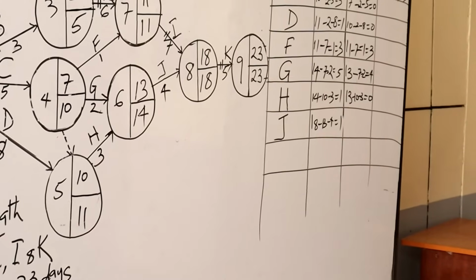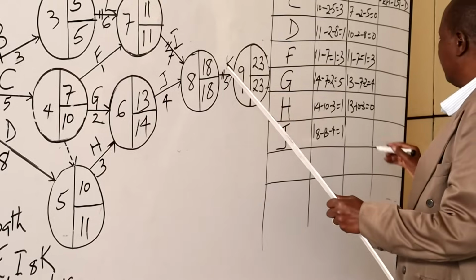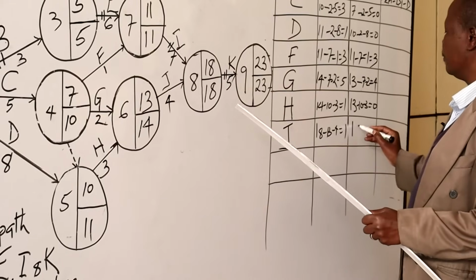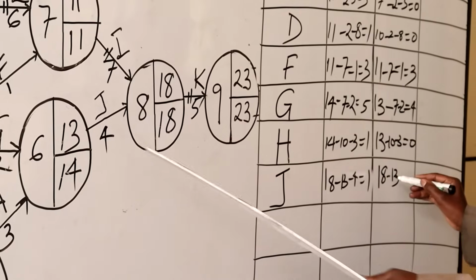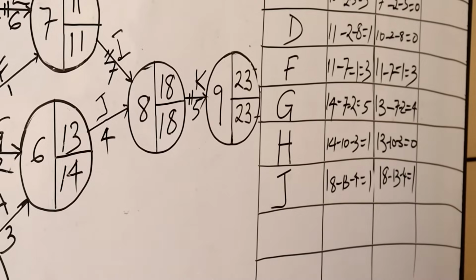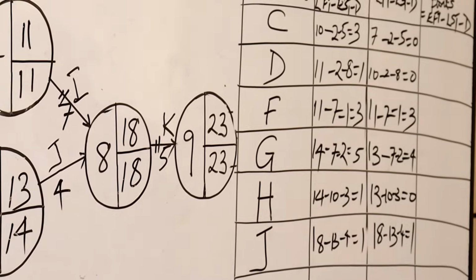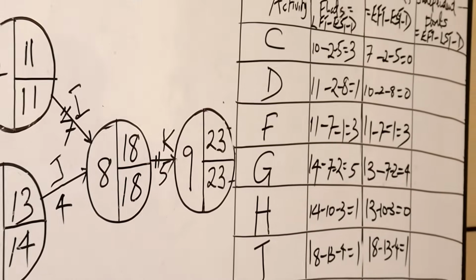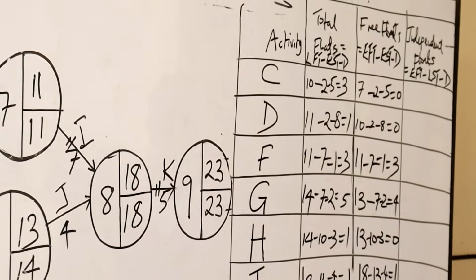Then J is 18 minus earliest starting time, which is 13 minus 4, which is 1. That is the free float for J. Then let me go to independent float.